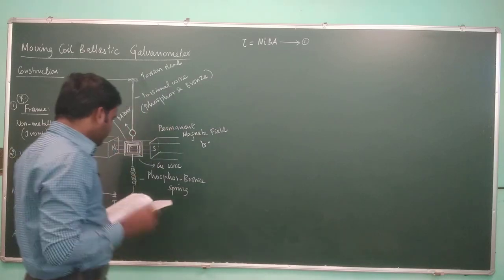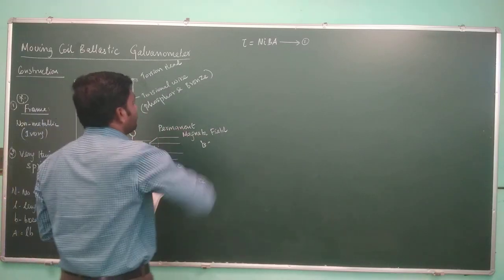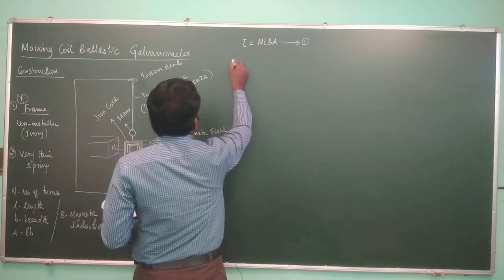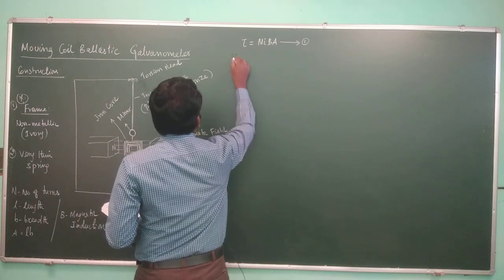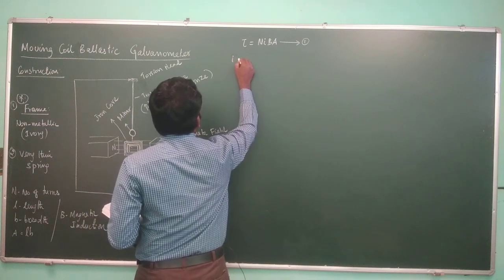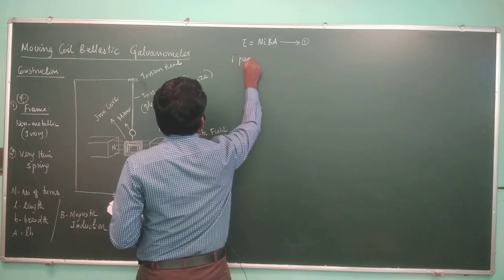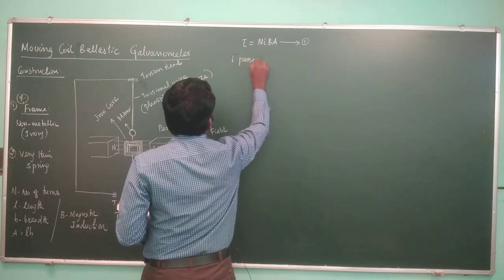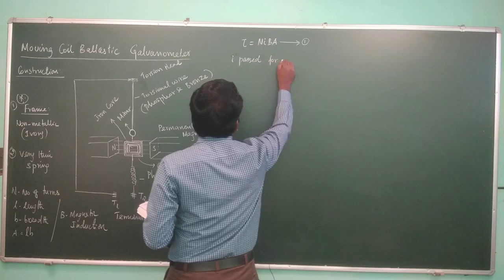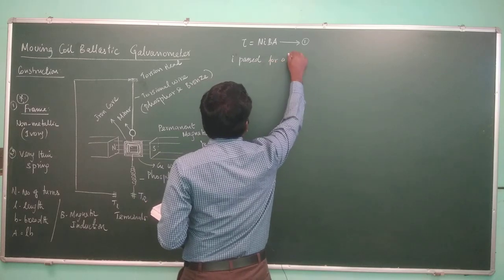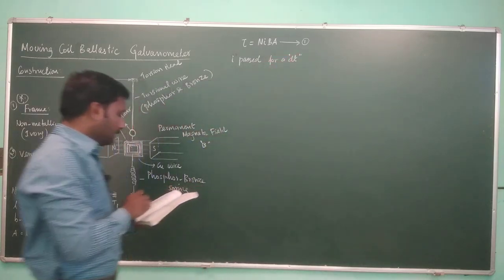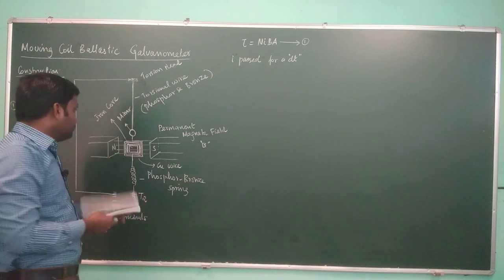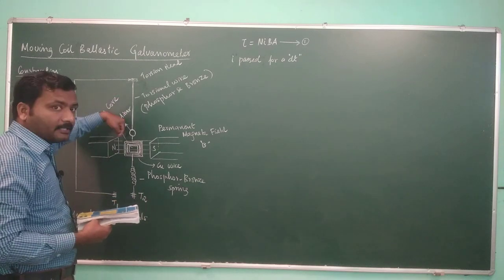If the current is passed for a short interval dt, then every fraction of time you are passing current, then you are withdrawing.